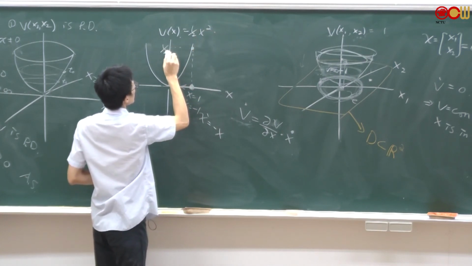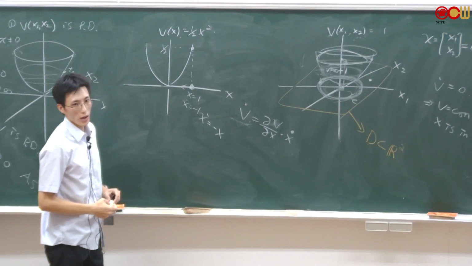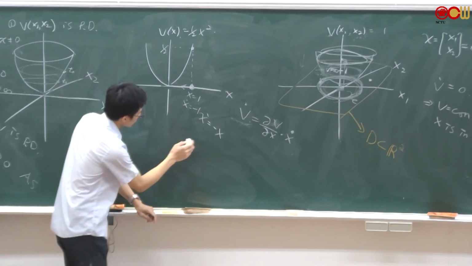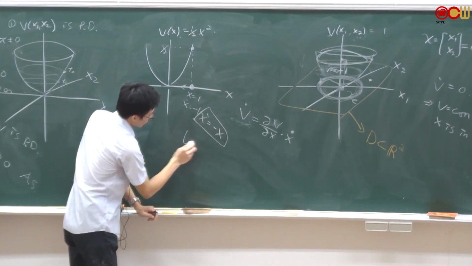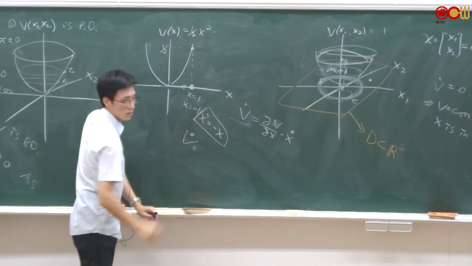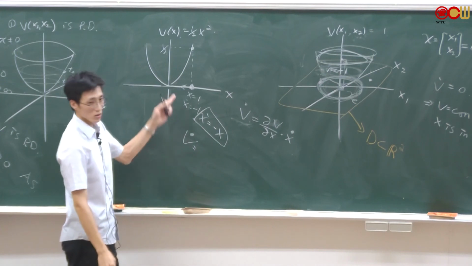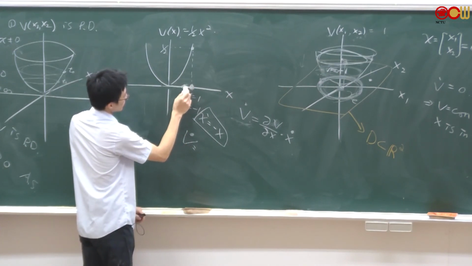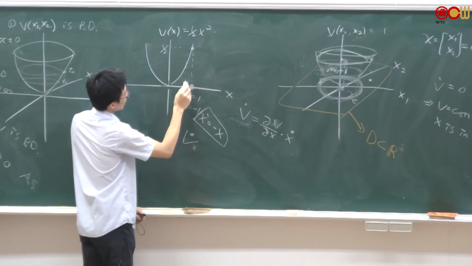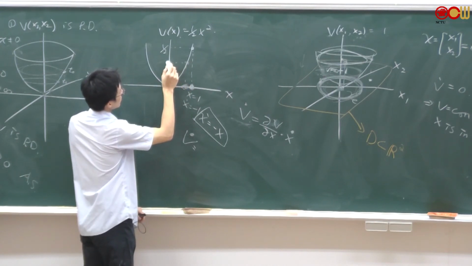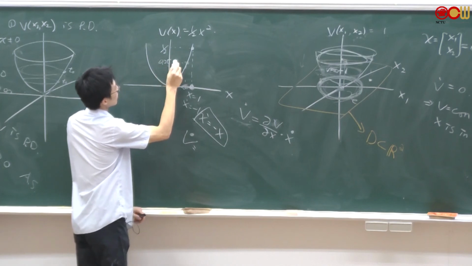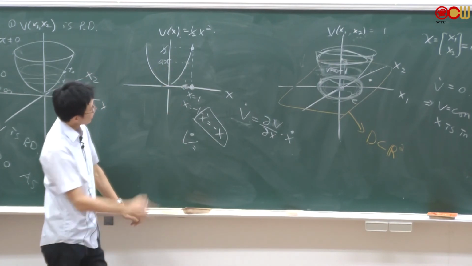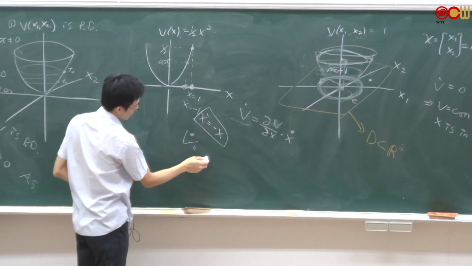That would be 1 over 2, 对不对？那你觉得，if you use these dynamics, what would be V dot? 看图就知道，对不对？Because it's trying to move back. So if you move to the next time step, if it's here, the V value will be smaller, maybe 0.25. So based on this figure, you know it's negative.